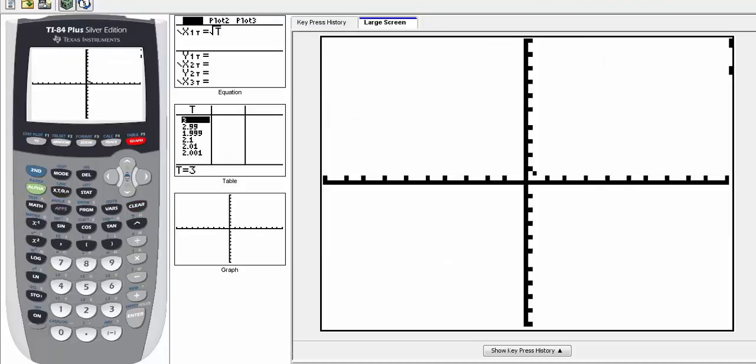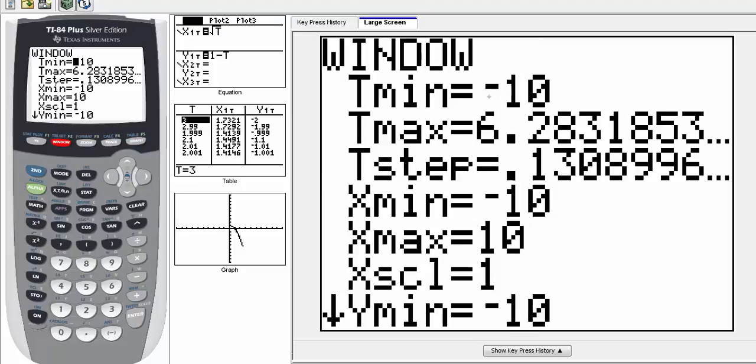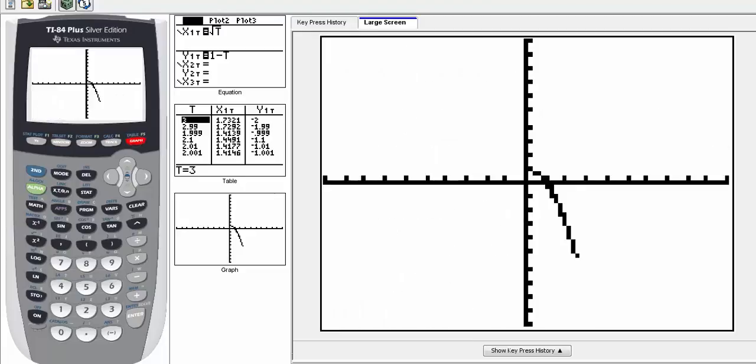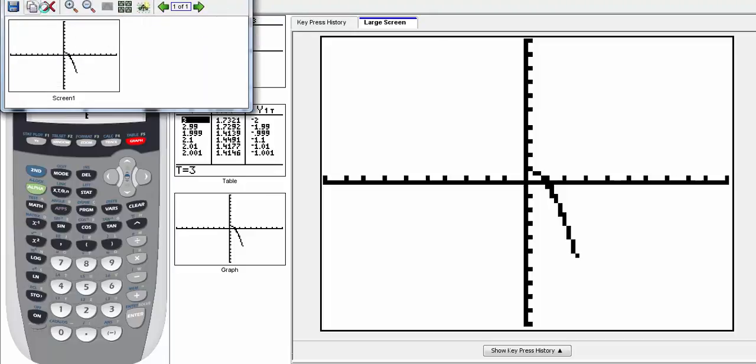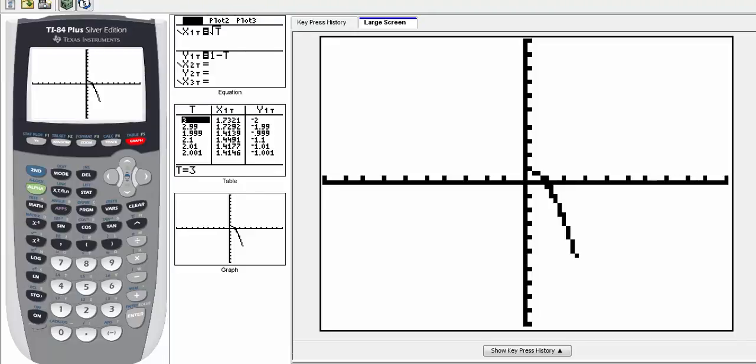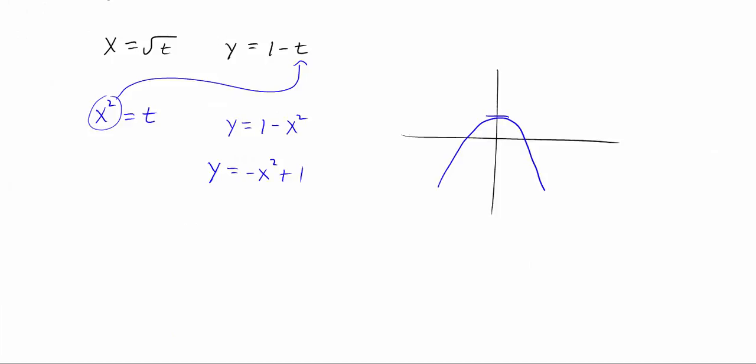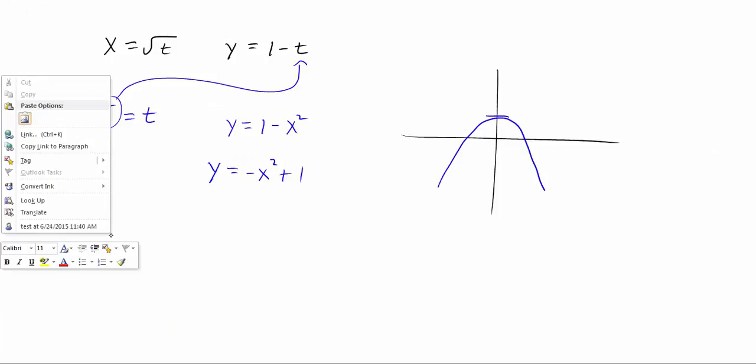And if we go to the graph, we notice here we only end up with part of the parabola. Even if I go to the window, we have values of t starting at negative 10. And if we notice, we only have the right side of this parabola. And if we go back and look, why is that going to be the case? So here, this is the graph we're coming up with for the parametric equations.